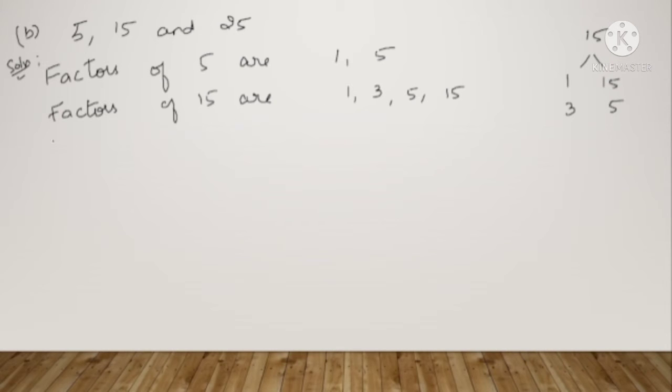And then after that 25 is there. The factors of 25 are, take the number 25, find out the factors. 1 25s are 25, and similarly 25 1s are, 5 5s are 25. So 1, 5, 25. Now in these three cases, what is a common factor? 1 is present everywhere, 5 is present everywhere.